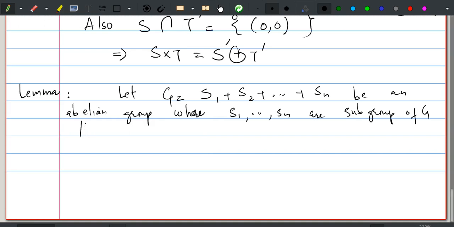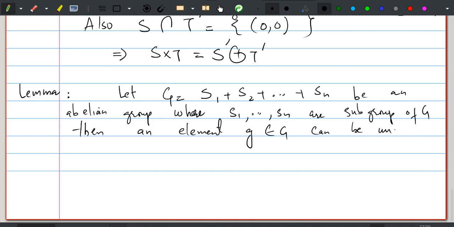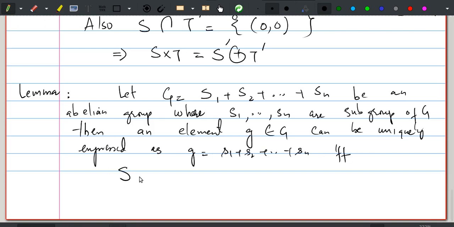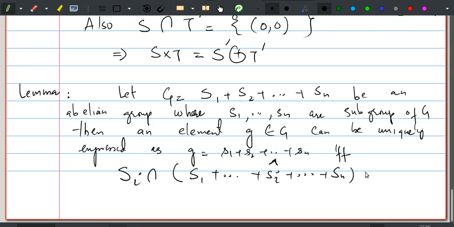Then an element g in G can be uniquely expressed as g is equal to little s1 plus little s2 plus so on plus little sn, if and only if the intersection of Si with S1 plus so on plus Si-hat plus so on plus Sn is singleton.